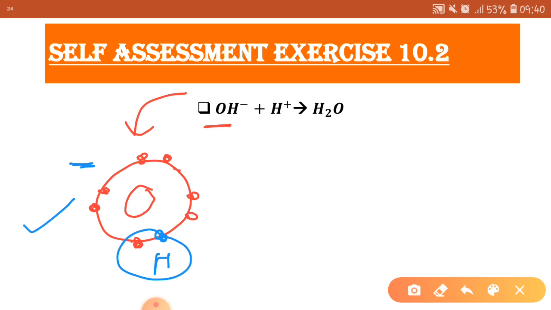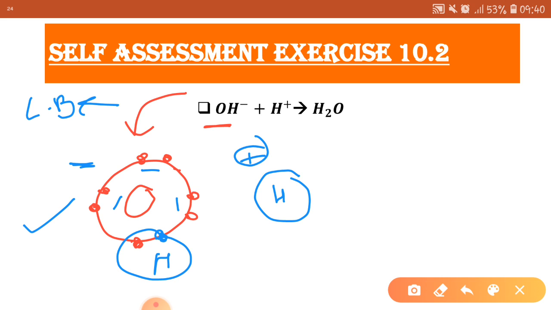Now, since there is a negative charge and a complete octet of the oxygen atom, the hydroxide ion will work as a Lewis base here because it is able to donate its lone pair of electrons. Now, if we draw the electronic structure of the hydrogen ion, you know that it doesn't have any electron.